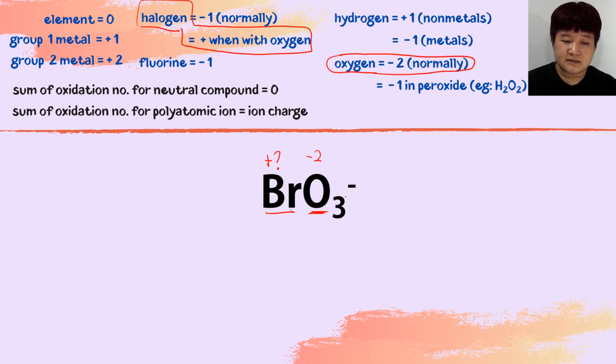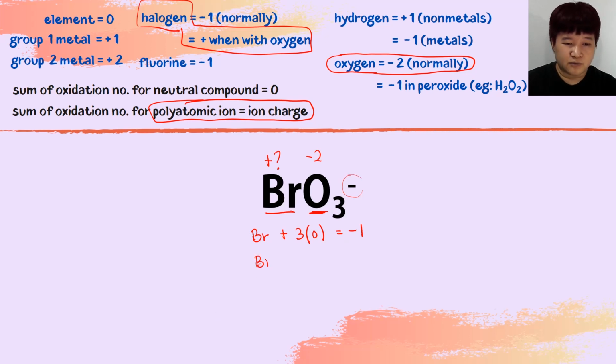And this is an ionic compound. Therefore, the total oxidation number must equal the ionic charge. And we can work it out. Br is the one that we are looking for. I have 3 times oxygen and it must equal negative 1. The total oxidation number must equal the charge.